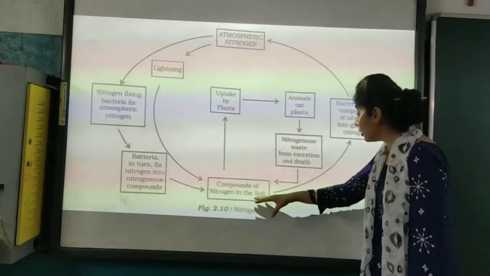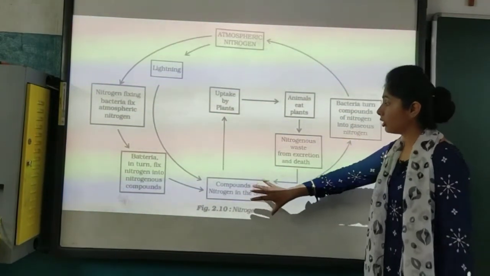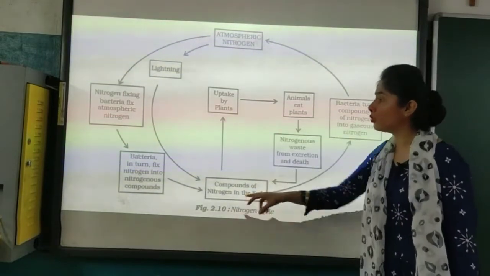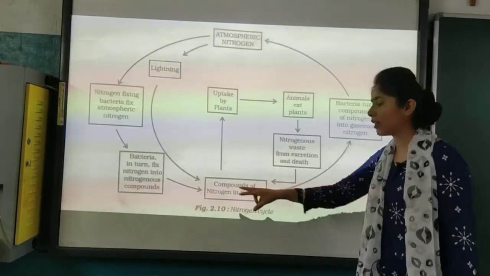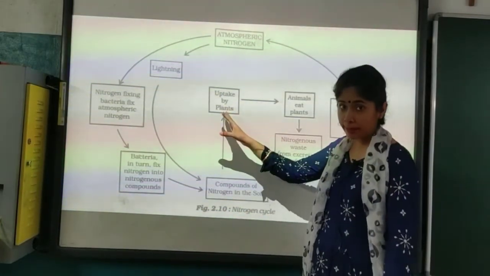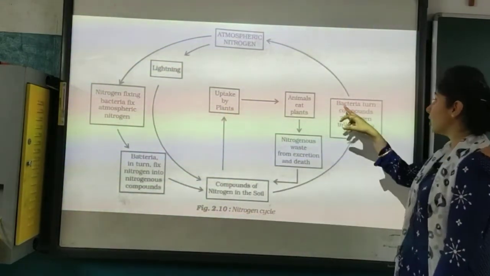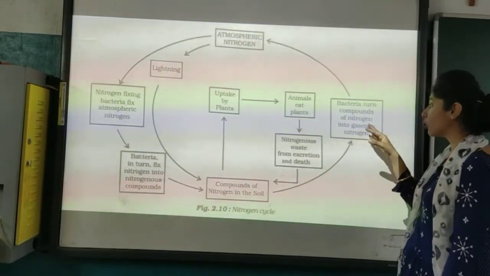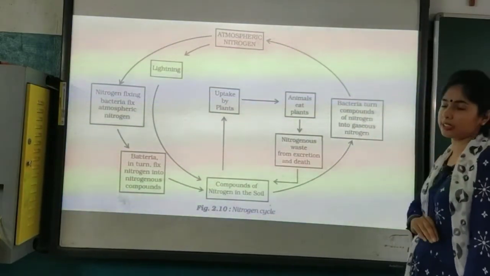Then from here, in two ways the compounds of nitrogen in the soil are used. First, they are taken by plants, and bacteria turn compounds of nitrogen into gaseous nitrogen.